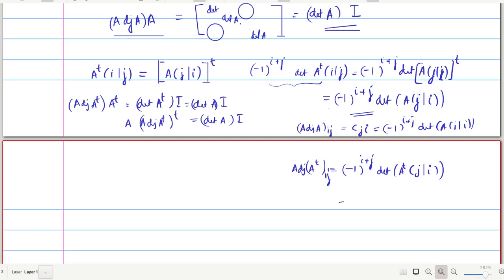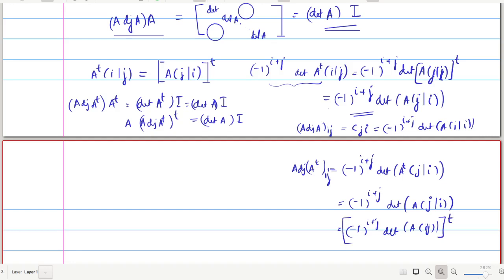We know that this is equal to (-1) to the power i plus j times the determinant of the matrix A_ij whole transpose.